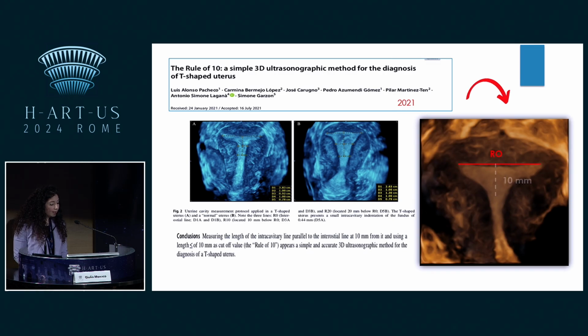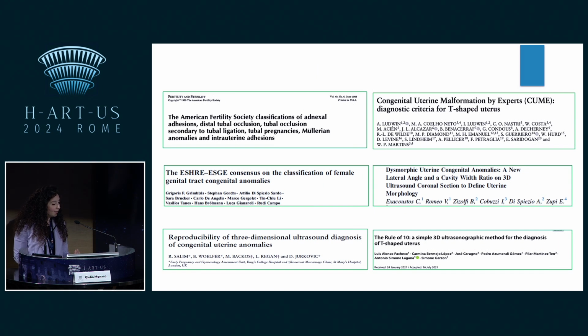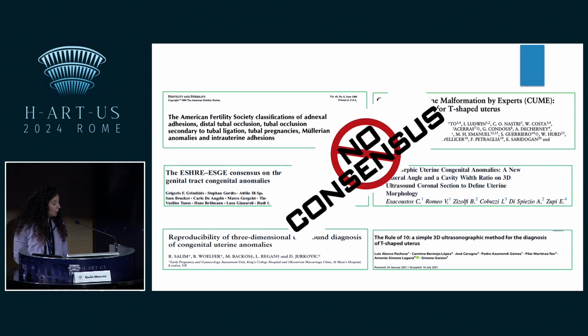So, if the intracavitary line parallel to the interostial line, at 10 millimeters from it, is less than or equal to 10 millimeters, we can make a simple diagnosis of T-shaped uterus. But as we can see, there is not yet a consensus between the ultrasound classifications.